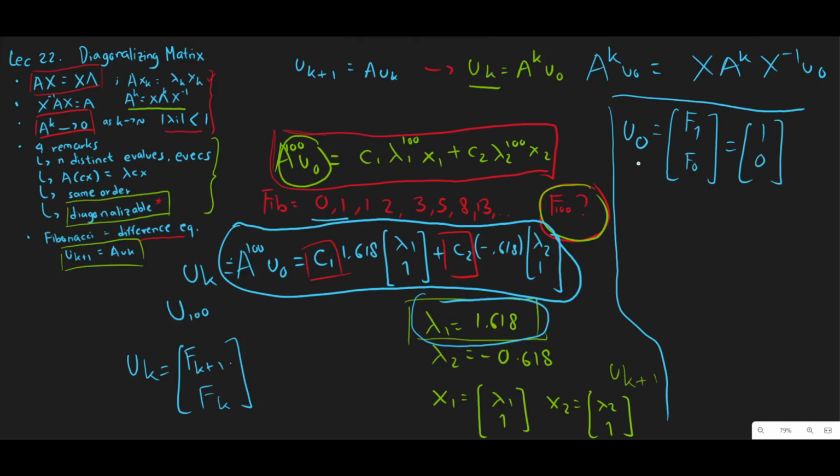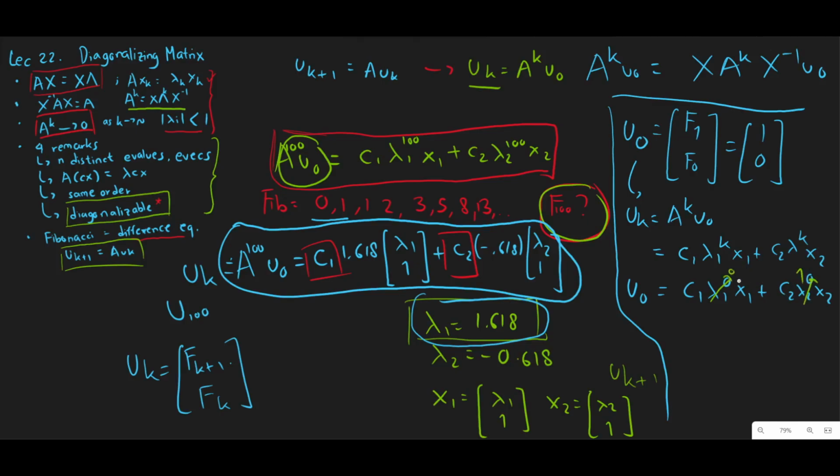Okay, and then u_k is A^k u_0, but I also have the formula here: c1 lambda1^k x1 plus c2 lambda2^k x2. So u_0 will be c1 lambda1^0 x1 plus c2 lambda2^0 x2, and this is going to be 1 because of the power of 0.